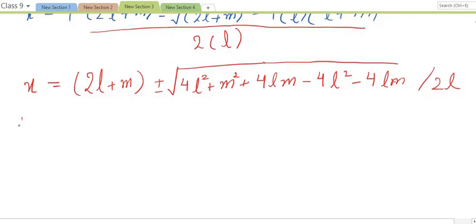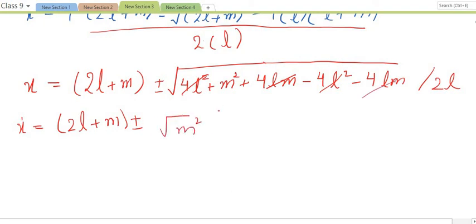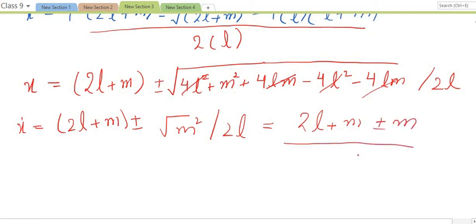Okay, it becomes x equals 2l plus m plus minus, 4l square is cancelled with 4l square, 4lm is cancelled with 4lm, the only term left is m square. So this becomes 2l plus m plus minus m over 2l.